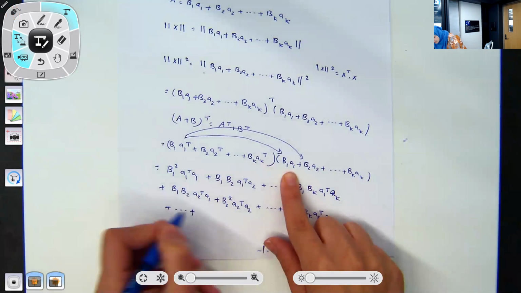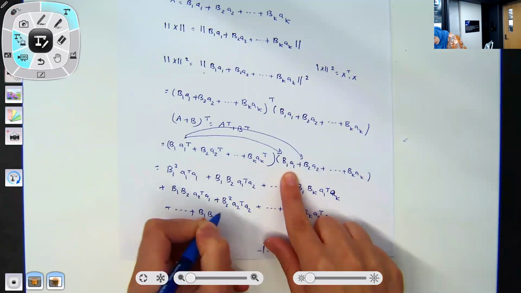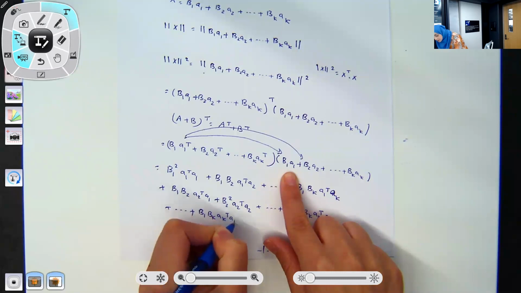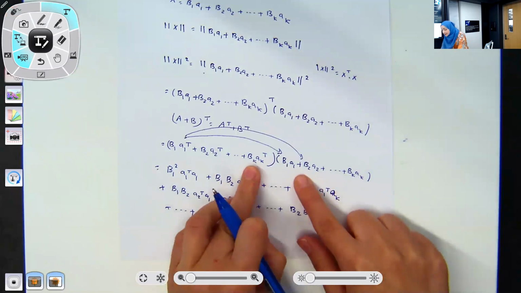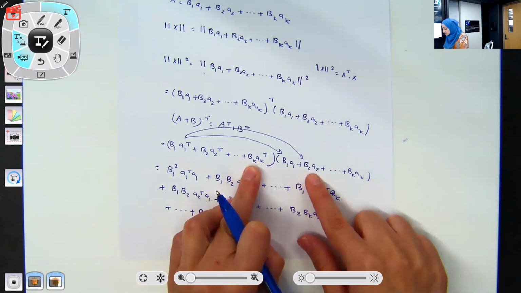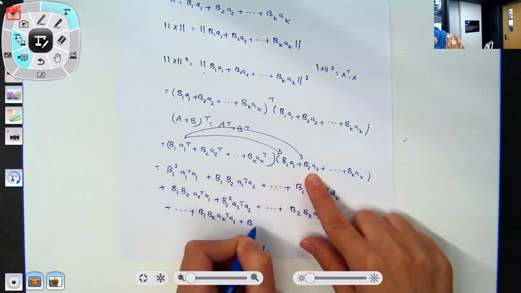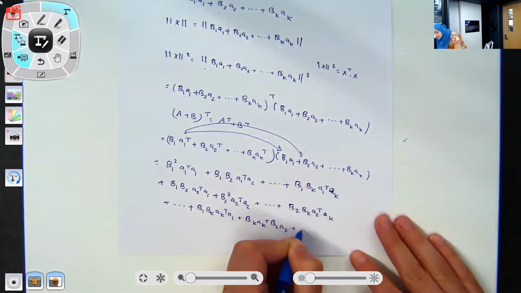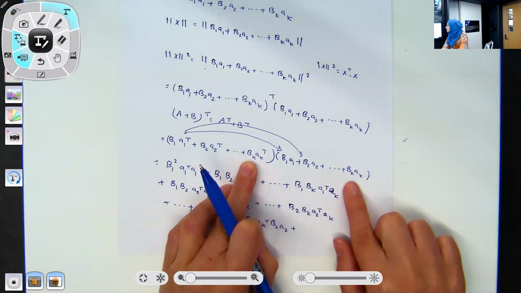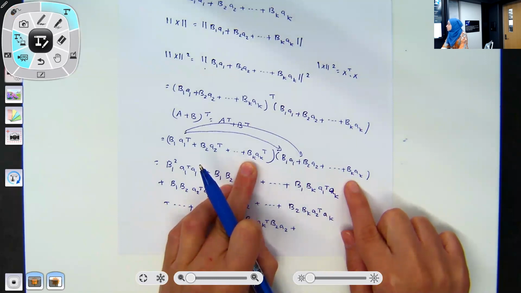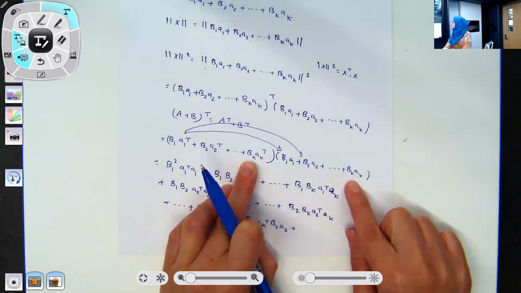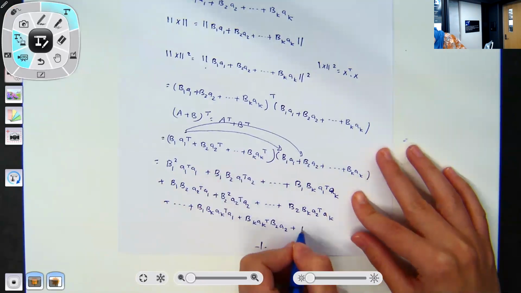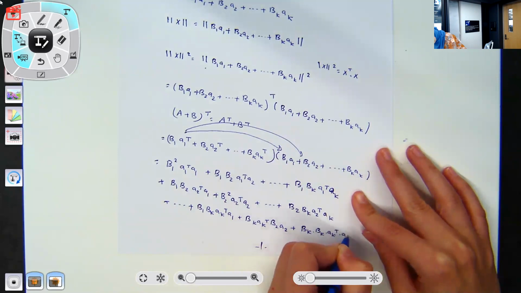So here plus B1 BK times AK transpose A1, plus BK AK transpose times B2 A2, plus the rest term BK times BK will give you BK to the power 2 multiplied with AK transpose times AK.